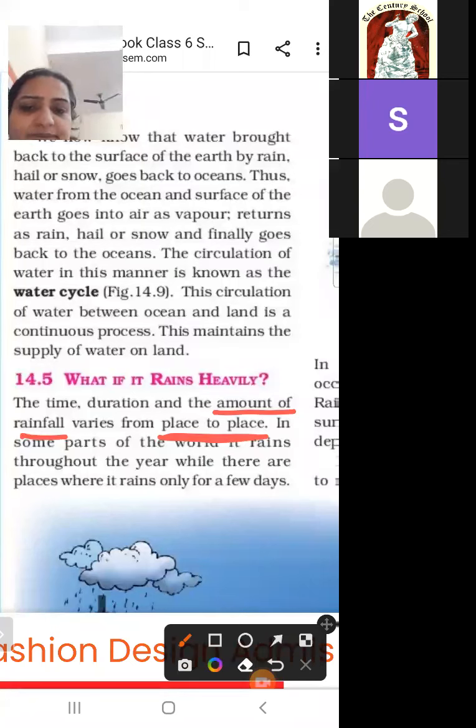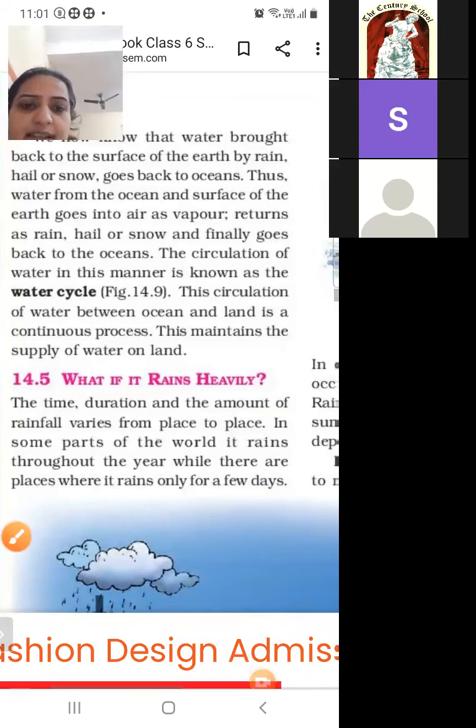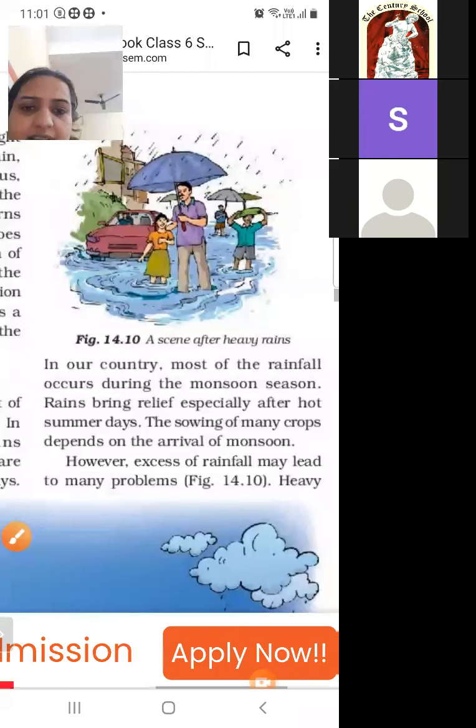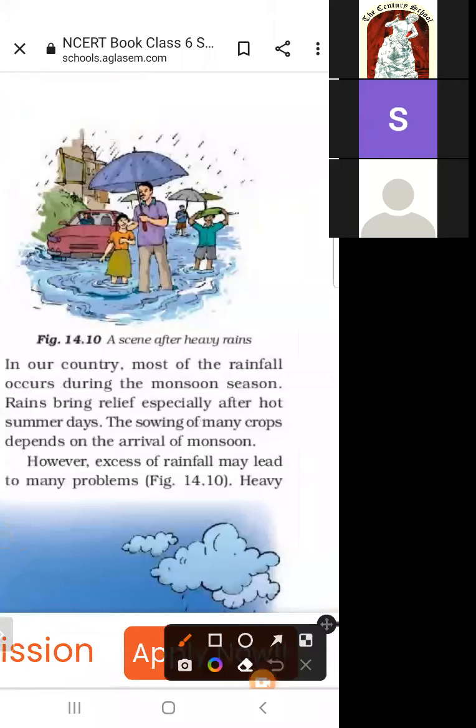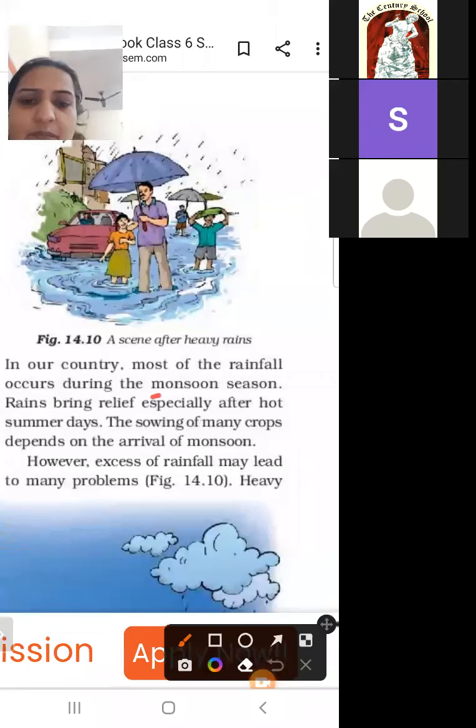So next, in our country, most of the rainfall occurs during the monsoon season. As we know, when the monsoon season comes, the rainfall comes.